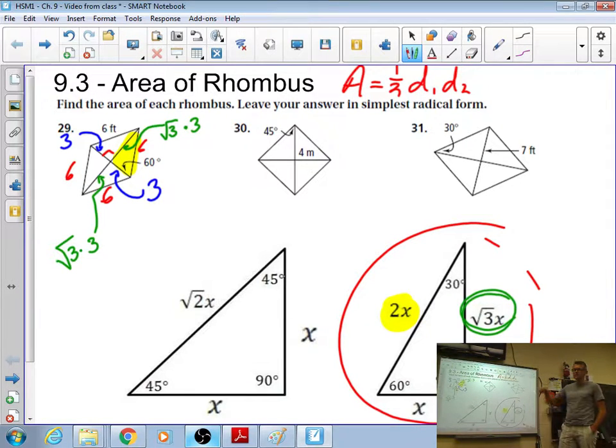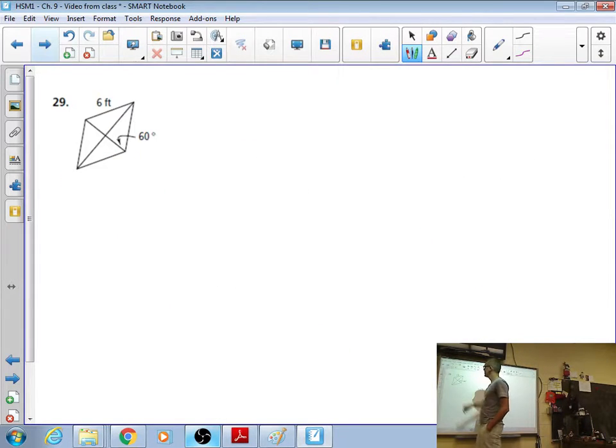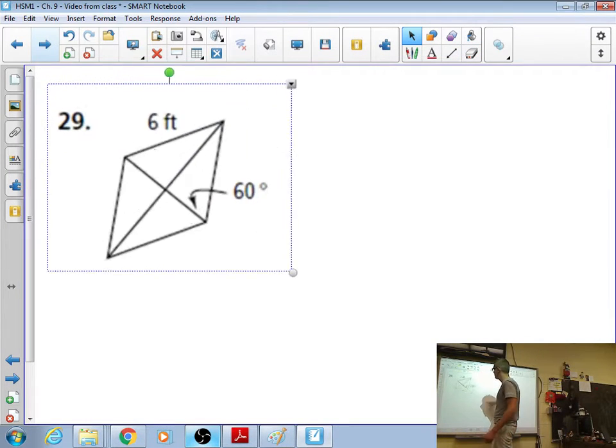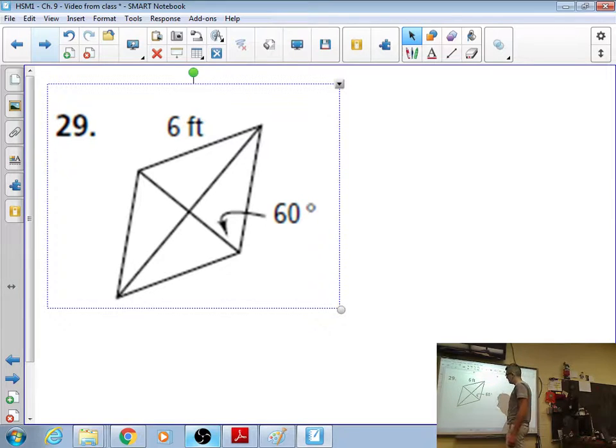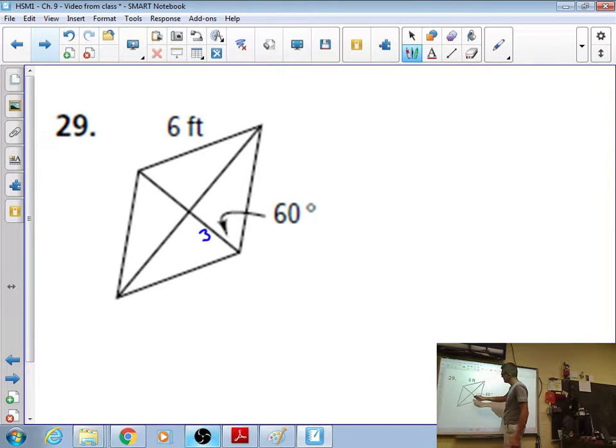So I'm going to move over to the next slide and copy everything that we know that's important. So we said that this is 3 and this is 3, and this is radical 3 times 3.